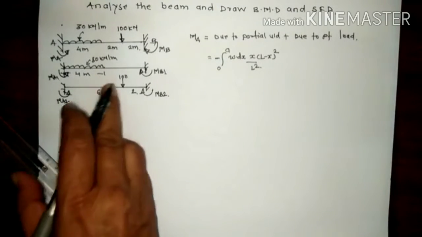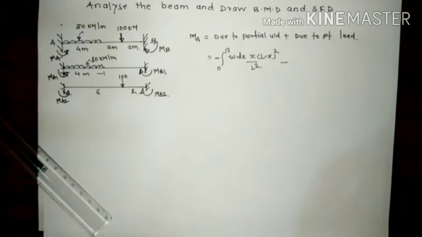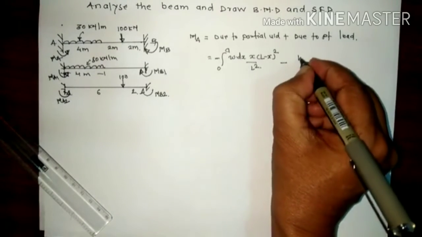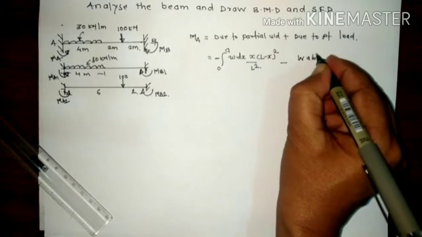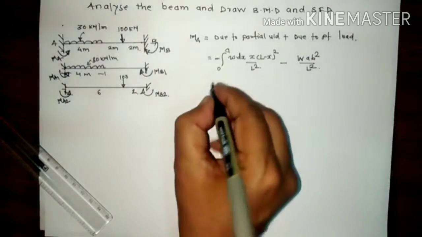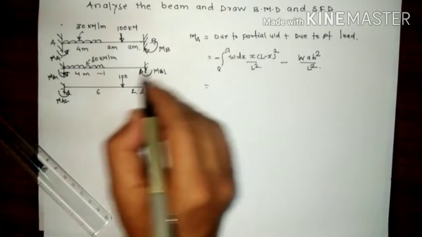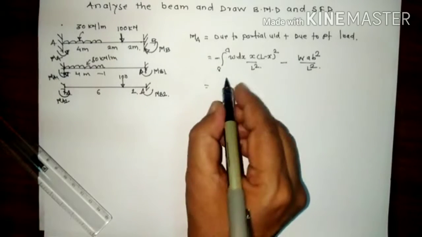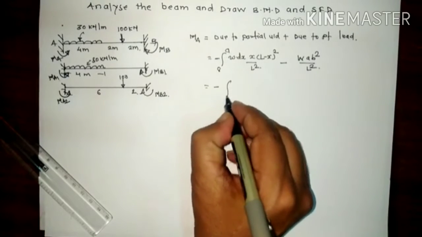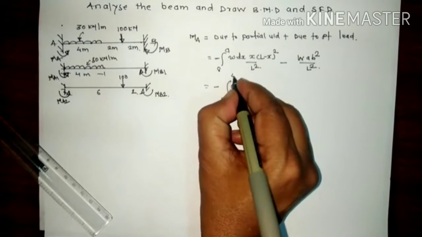For this point load, the fixed end moments are also hogging, that is why it is minus. The formula is W A B square by L square. So here 0 to A means starting point is 0. So minus integration 0, now end point is 4.